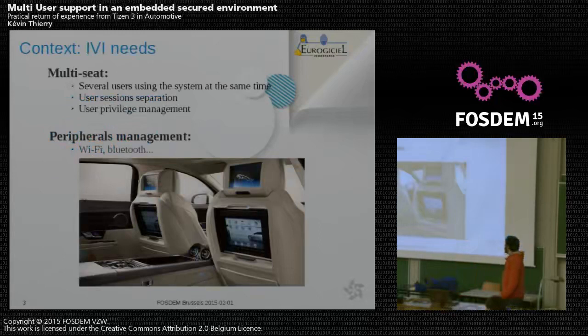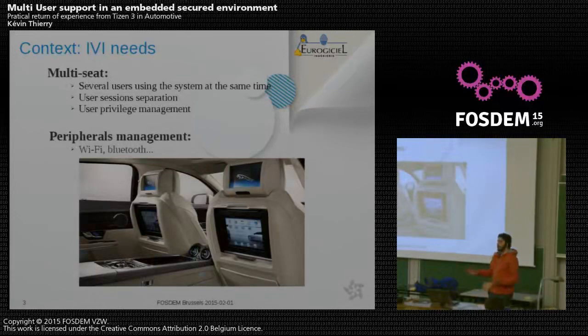So the main need for IVI is multi-seats. By multi-seat, we mean we need to have several users that are going to use the system at the same time. So we have one user on one seat with one user station. What we want absolutely is to have user station separation.